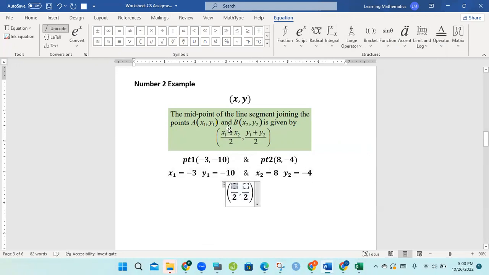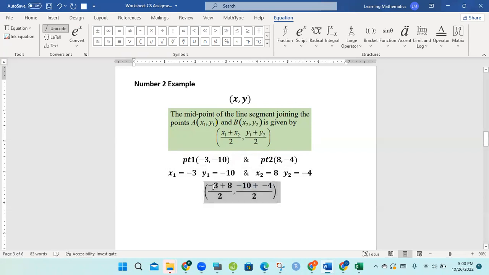So the first coordinate will be the x's, x1 plus x2 divided by 2. x1 is negative 3, plus x2 is 8, divided by 2. And then y1 plus y2 divided by 2. y1 is negative 10, plus y2 is negative 4, divided by 2.